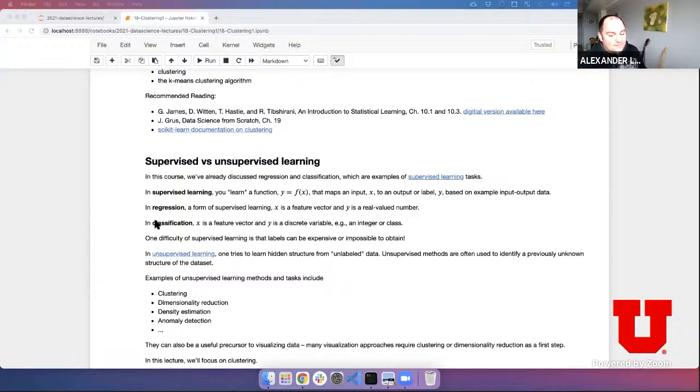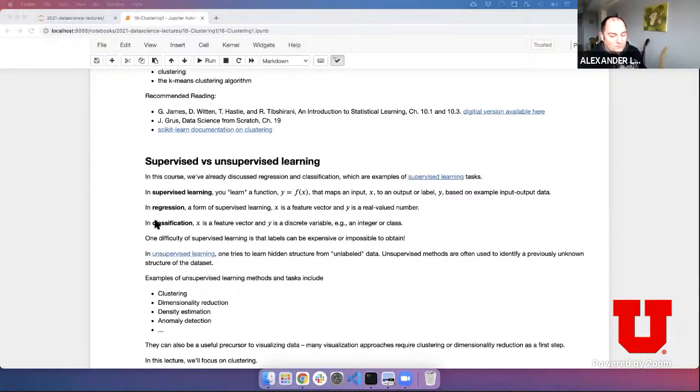However, very often we don't have these labels, and getting labels is actually fairly tricky. How do you acquire a label for image classification? The way that people do this is they give lots of people tasks to label an image. But as you can imagine, that is complicated, and that is not always possible.